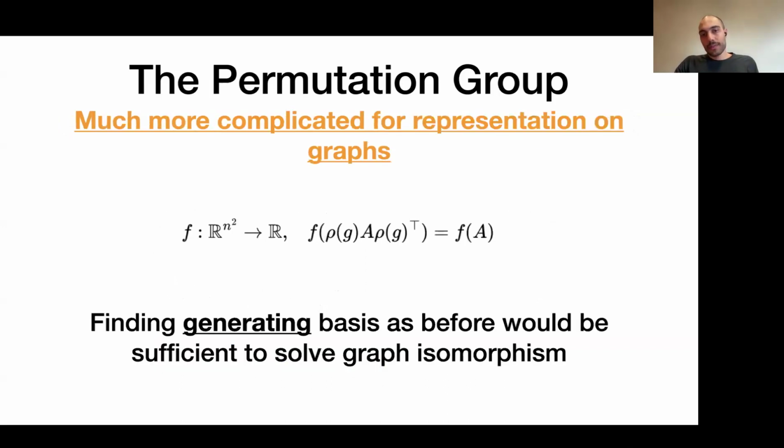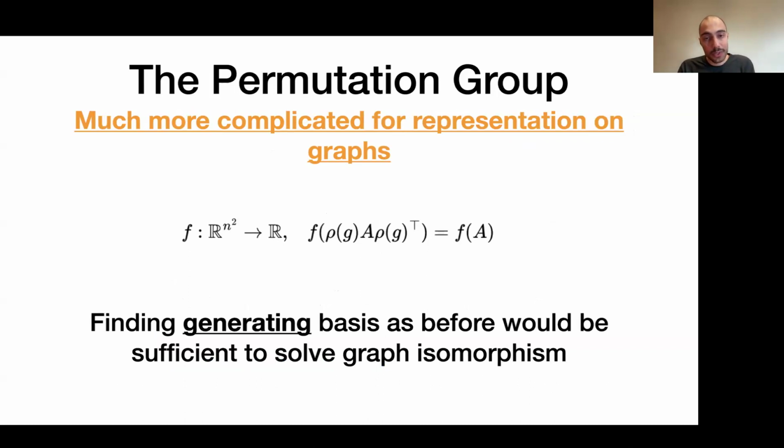The story, though, gets much more complicated when we don't have the standard representation. And note that graphs are an instance of this. Here, the representation acts on matrices, and you have to permute the rows and columns of the matrices at the same time, and we no longer have this nice picture.